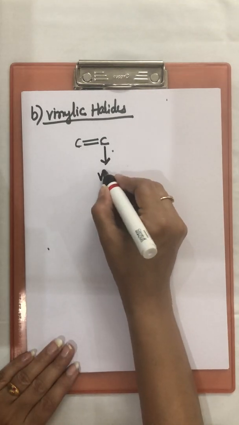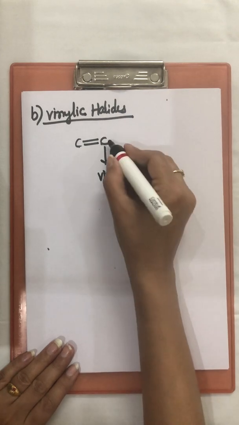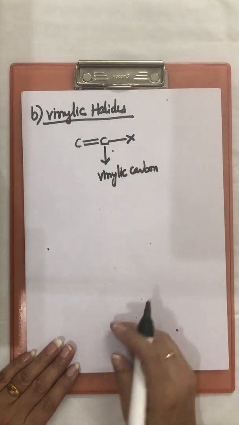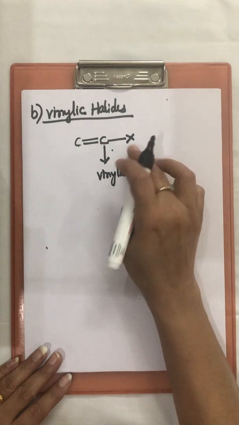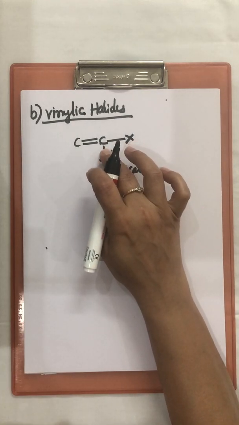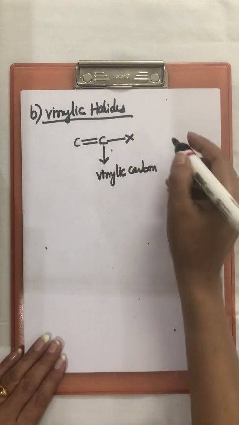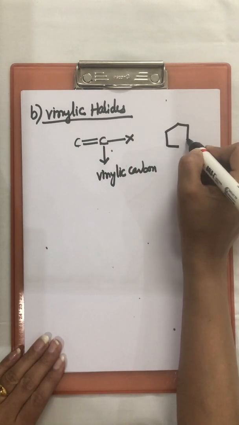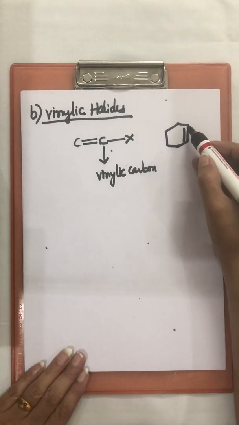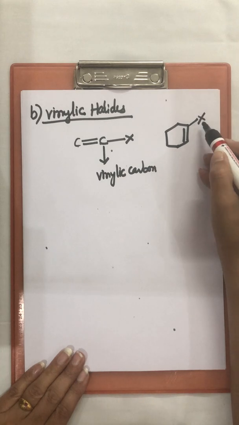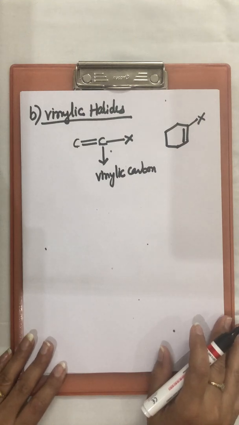I am taking this carbon atom, this is vinylic carbon, and to this if we link a halogen atom, that becomes a vinylic halide. Halogen linking to vinylic carbon. Vinylic carbon is a carbon that has a double bond. One more example. There is a double bond here in this cyclic compound. To this carbon atom, if we attach halogen atom, this also becomes vinylic halide.